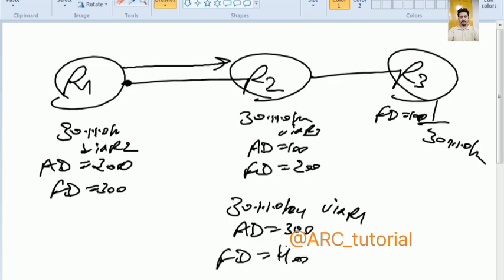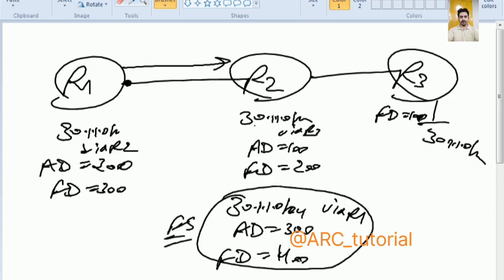So if there is no condition of feasibility, then it will think that okay, this is a feasible successor, and it will be the successor. Is it not? If we do not use that condition of feasibility in EIGRP, then of course this path will become a feasible successor.